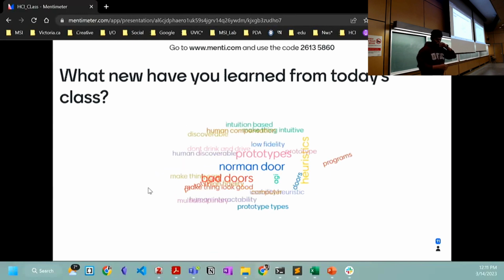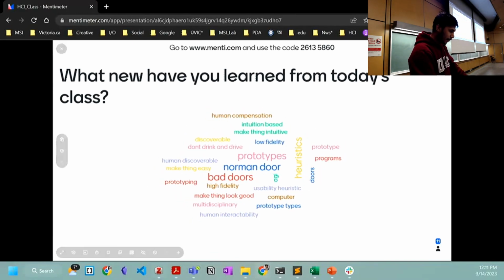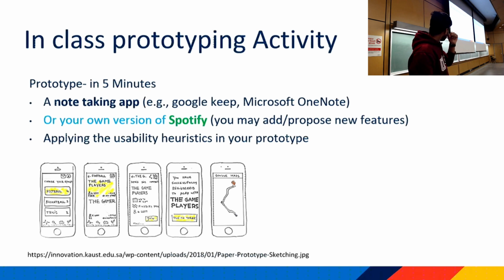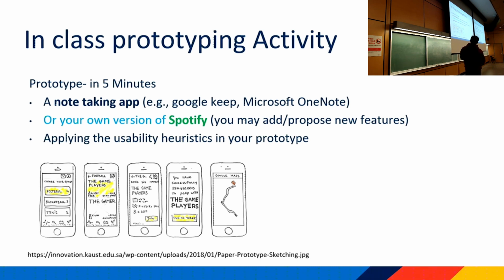Now we have the prototyping activity. So bring your pen and paper, and you have two options. You can prototype, design, or sketch something like this example. The first idea is prototyping a note-taking app, for example Google Keep or Microsoft OneNote.